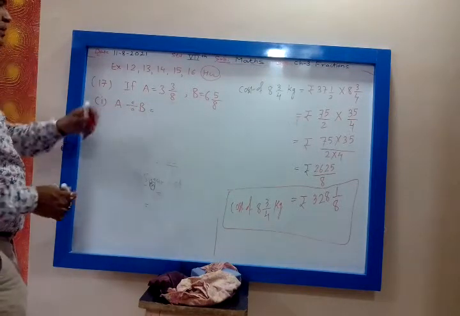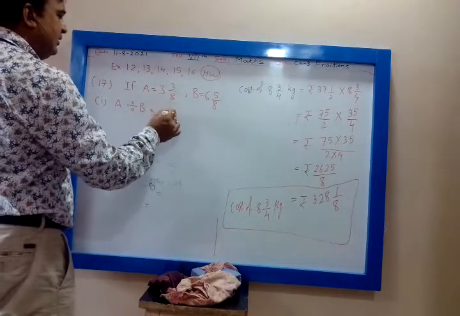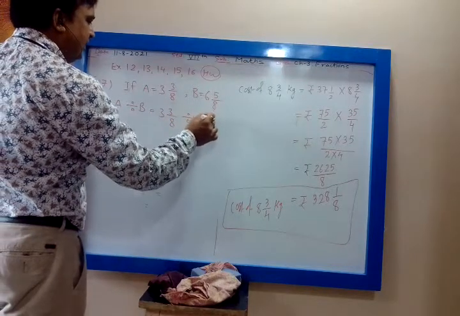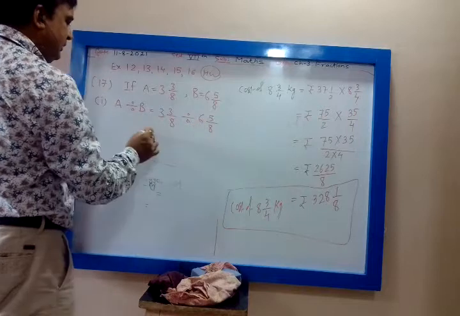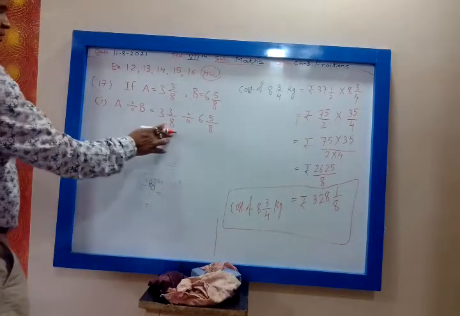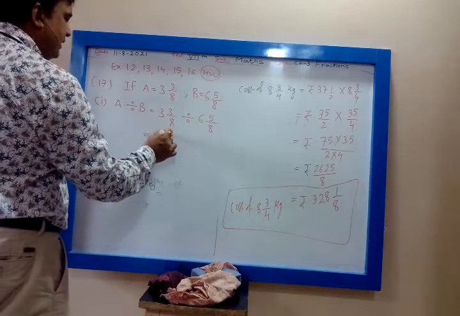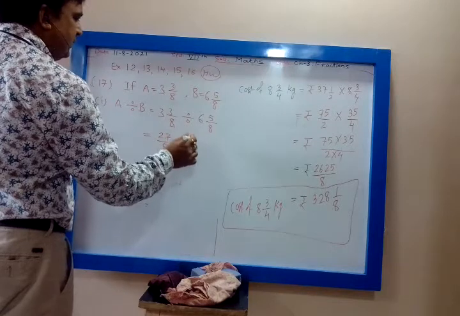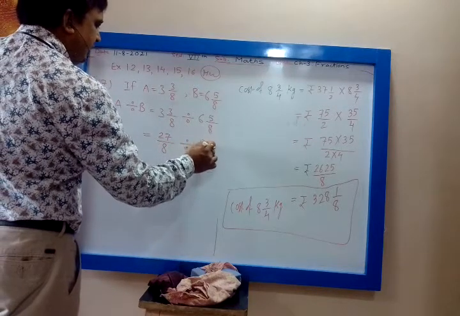So A divided by B, you will write 3 and 3 by 8 divided by 6 and 5 by 8, correct? So convert the mixed fraction into a fraction. 8 3s are 24 plus 3, 27 by 8, divided by 53 upon 8, correct?